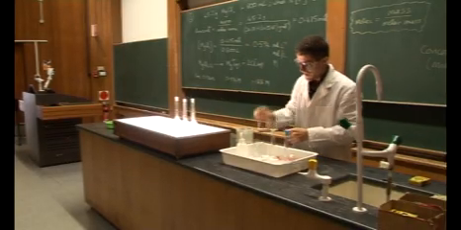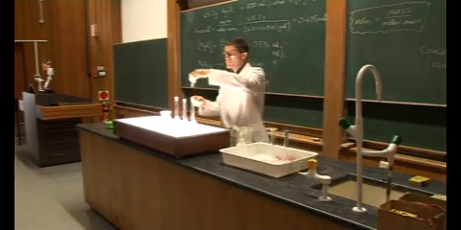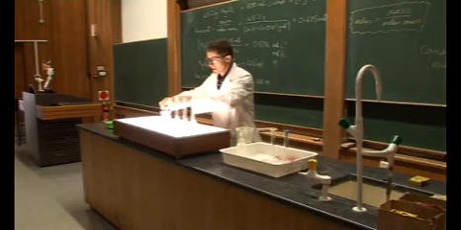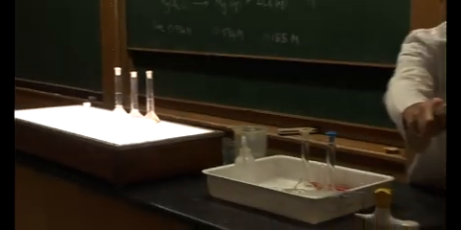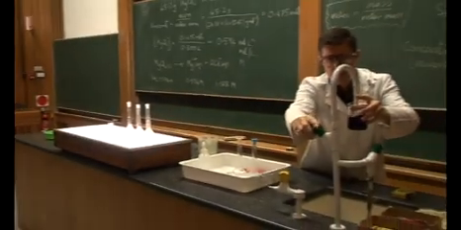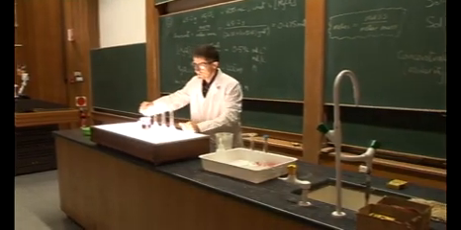This is involved in determining amounts of materials. I have some potassium permanganate here. That's actually 0.4 of a gram of potassium permanganate, and I'm going to dissolve it in water. It's purple, as you see.